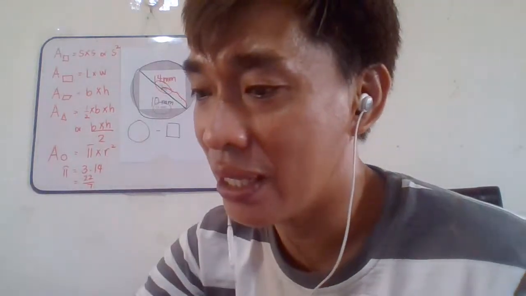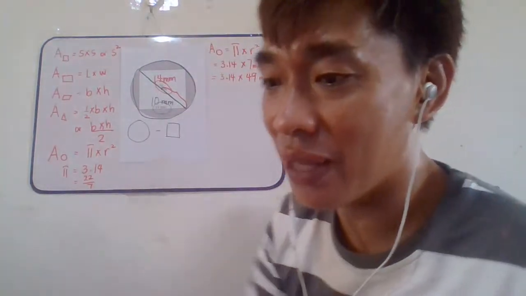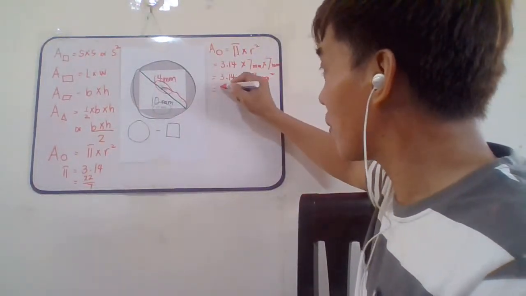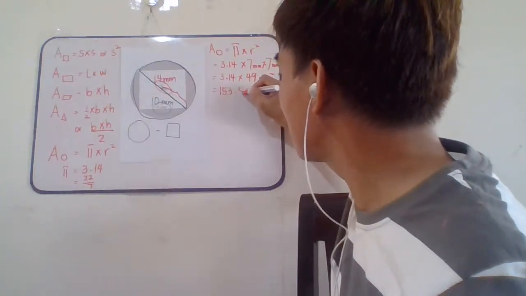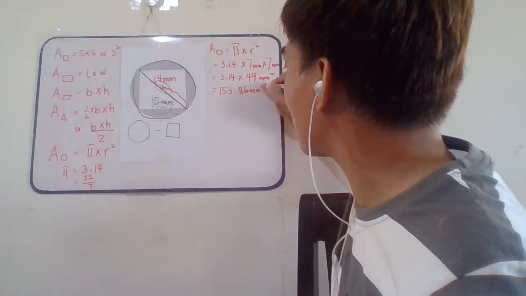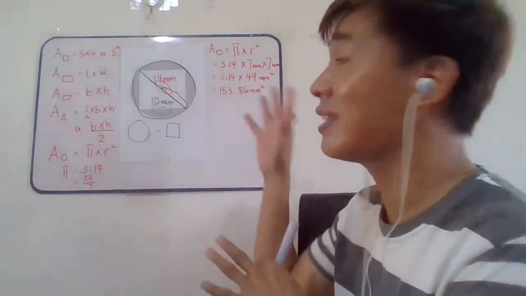Okay, so that is 49 times 3.14, and the value of that is 153.86 millimeters squared. That's already the area of the circle.